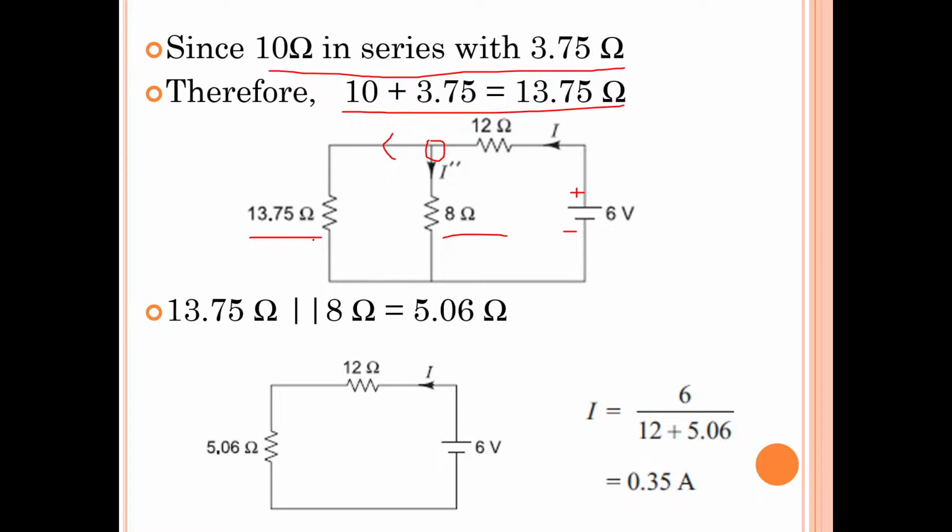So 8 ohms and 13.75 ohms, how are they connected? They are connected in parallel. What is the parallel combination resistance?